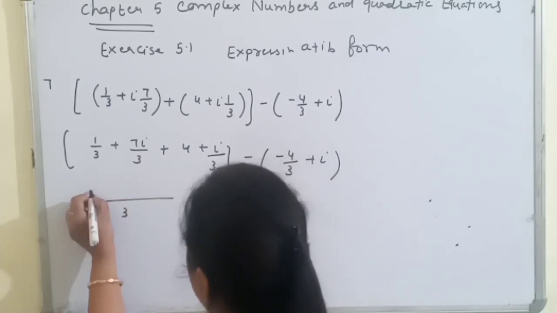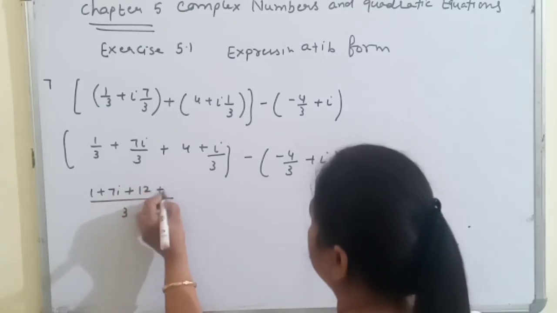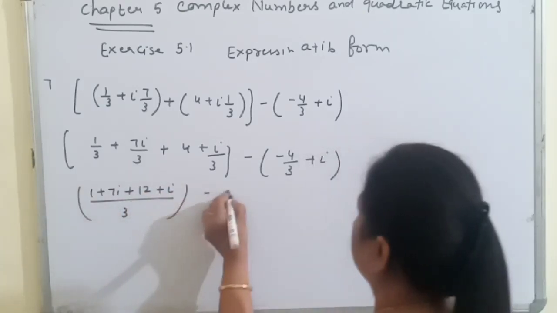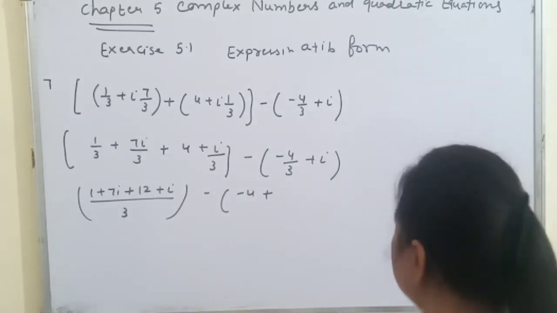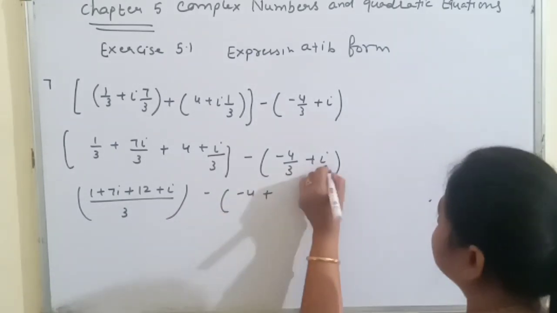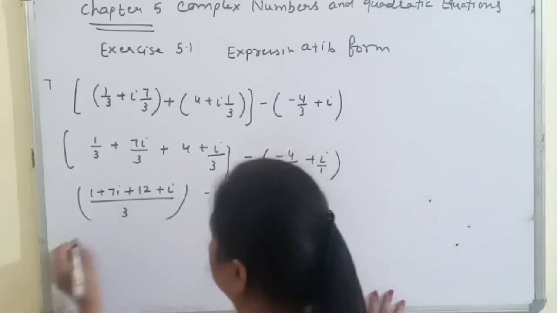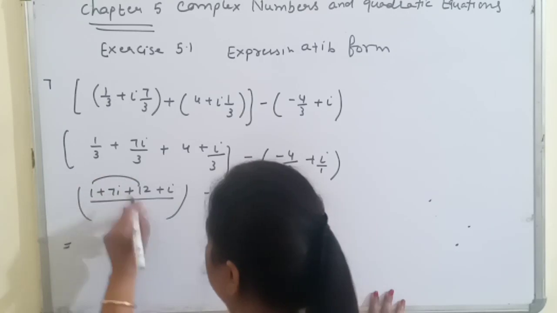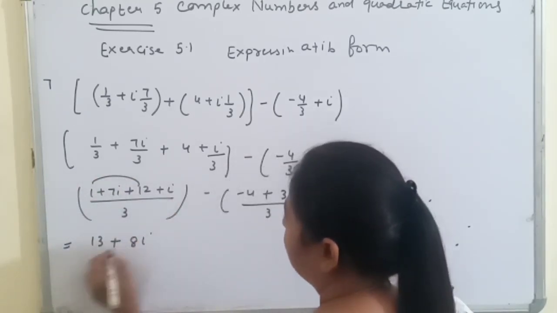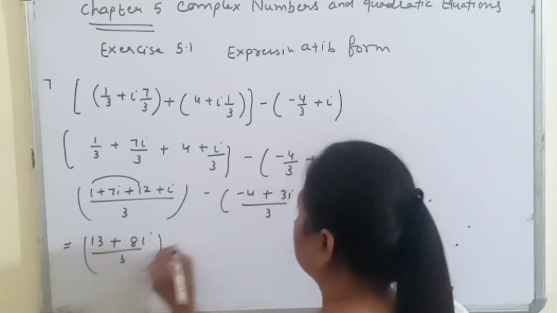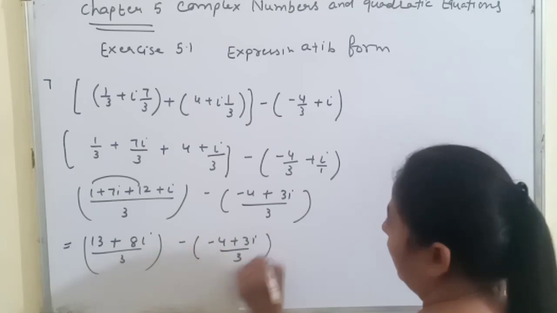Now solve it by taking the LCM. This is 3 plus 1 plus 7 iota plus 4 into 3, 12, plus iota, minus, let's also take the LCM here. This will become minus 4 plus 3 iota upon 3. Now 12 plus 1, 13 plus 7 iota plus 1 iota, 8 iota upon 3, minus 4 plus 3 iota upon 3.